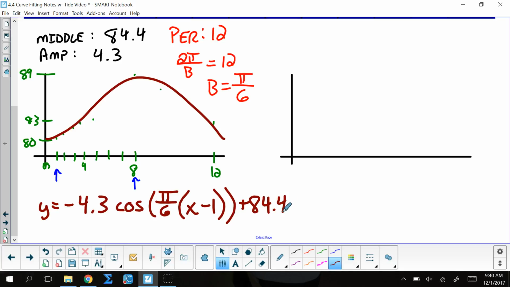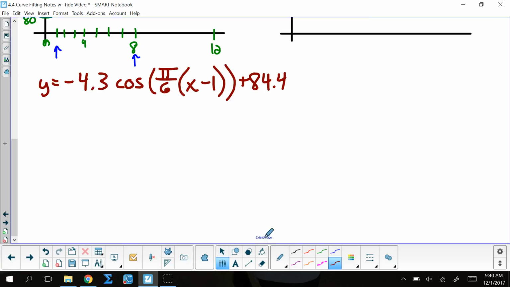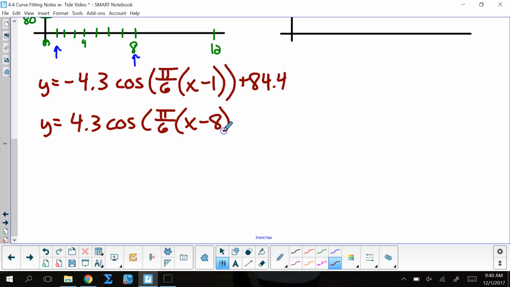Agree with that? If I shift that to starting at the high, then it would be y equals positive 4.3 times the cosine of pi over 6 times x minus 8, because 8 would be my high, plus 84.4.